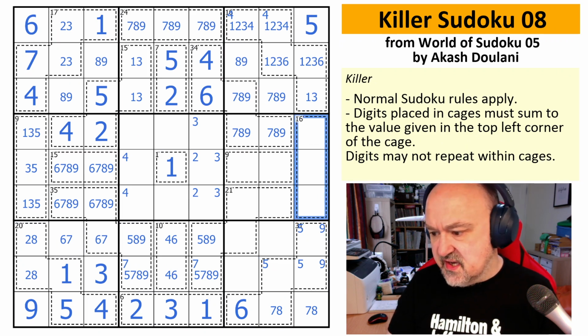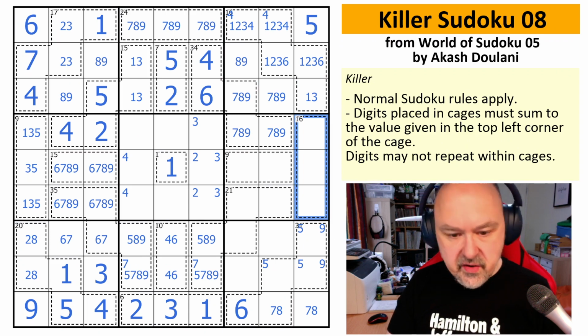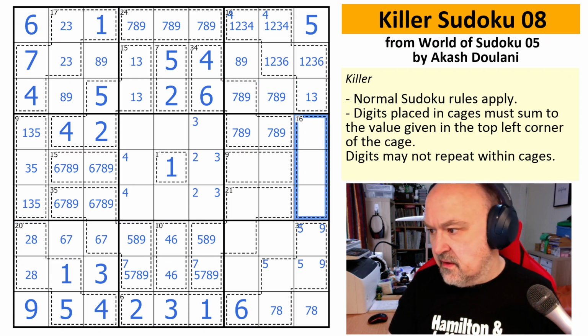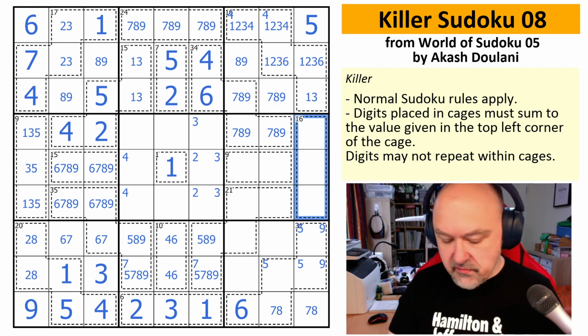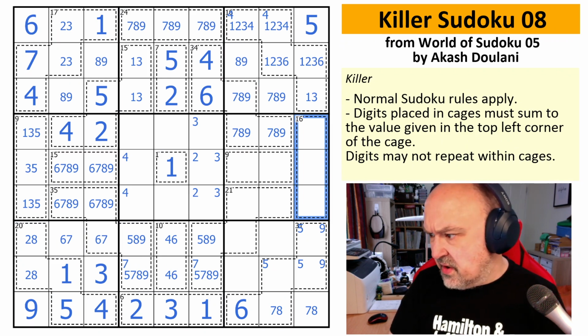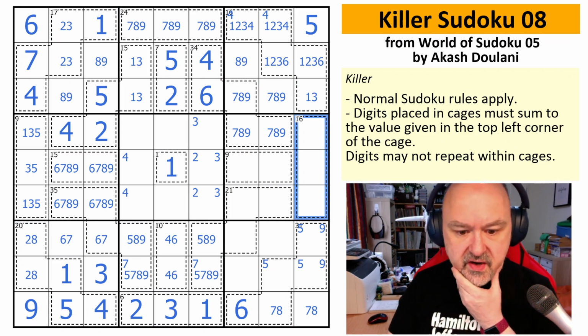So what about a 16 cage in 3 without a 9 or a 5? Because there's a lot of options, there's 1, 2, 3, 4, 5, 6, there's 9 options, I think. So I can remove any option that uses a 9 and any option that uses a 5, which gets me down to 3.